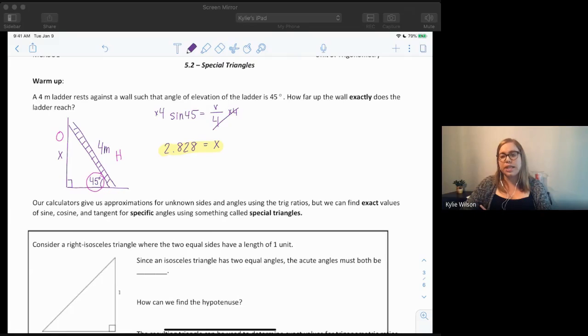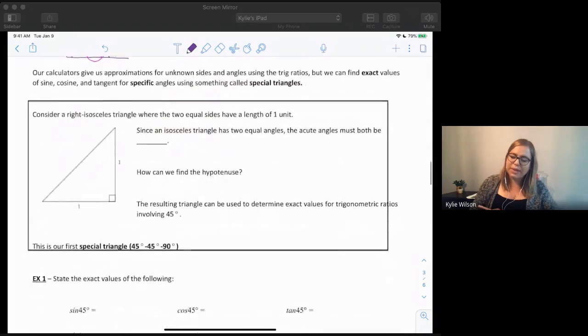The goal here is to do our best to avoid rounding, because when we round, we are making things inaccurate. If you're going to be using trigonometry to build something or engineer something, we can't be rounding too much or else our final answers are going to be off. That's why we like to use exact answers whenever possible.